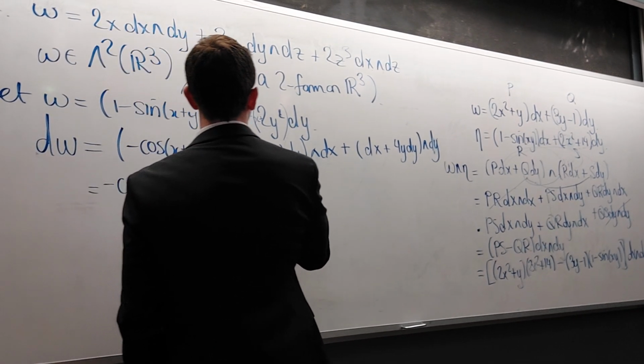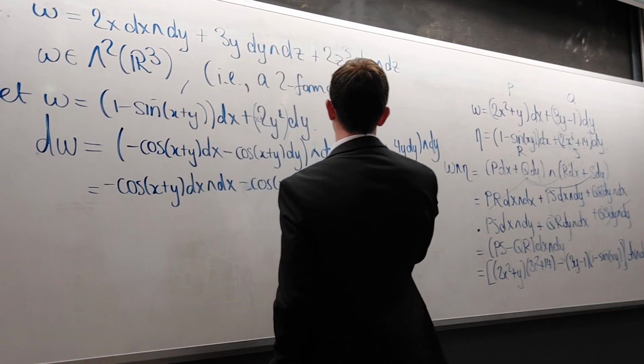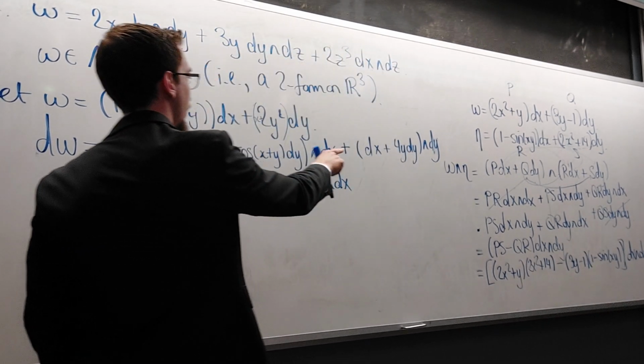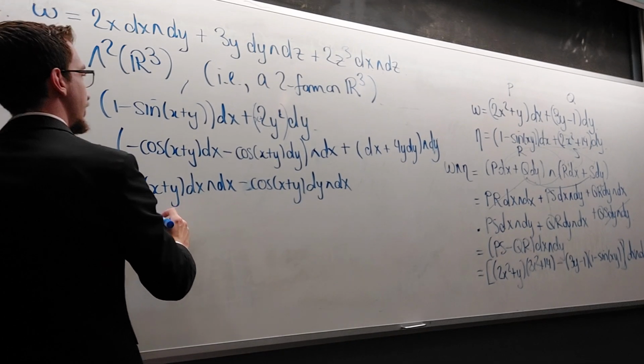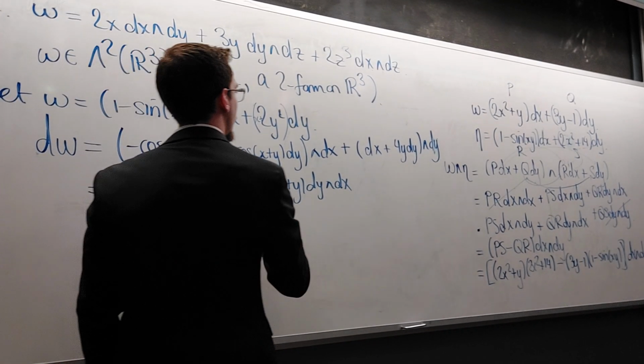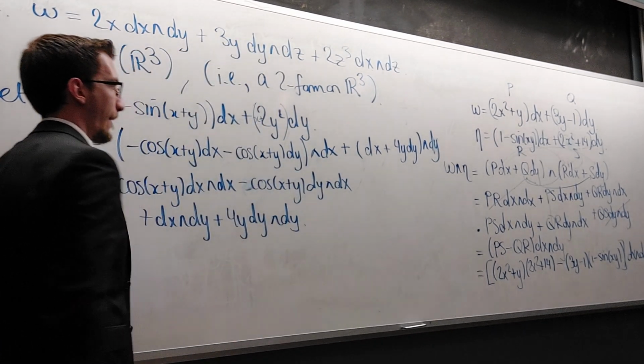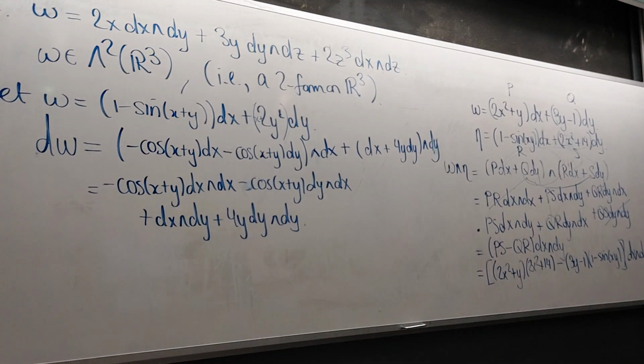Then I get minus cosine(x plus y) dy wedge dx. Similarly, I get dx wedge dy plus 4y dy wedge dy. Does everyone agree with that?